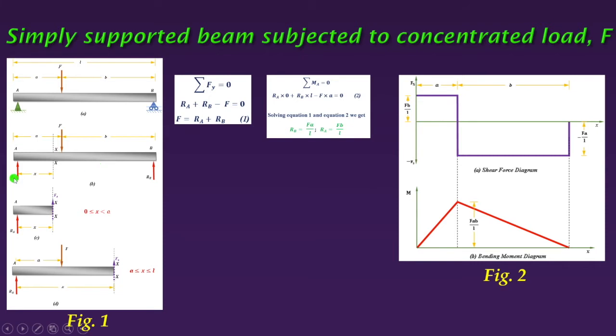But here, as it is not symmetric, there are two unknowns, RA and RB. So to get the values of RA and RB, summation of Fy equals 0 is not a sufficient condition. That's why we have considered the other condition of static equilibrium.